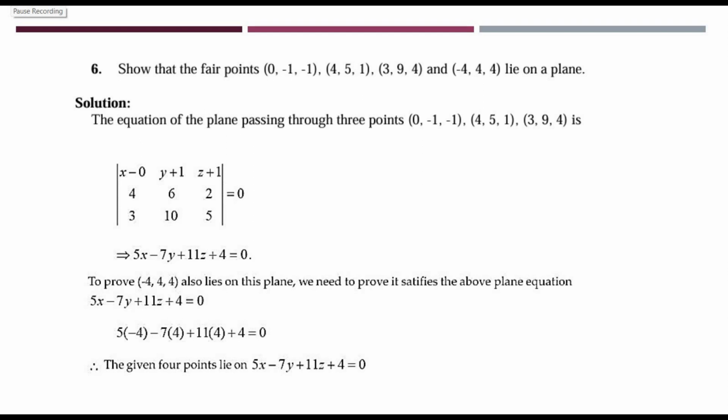Now we have to prove the point (-4, 4, 4) also lies on this plane, so substitute this point in the equation 5x - 7y + 11z + 4 = 0. Therefore, the given 4 points lie on the plane 5x - 7y + 11z + 4 = 0.